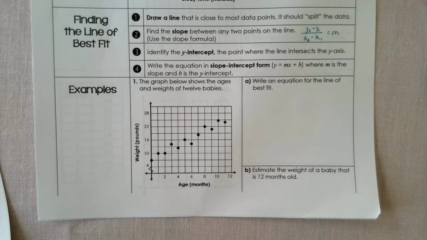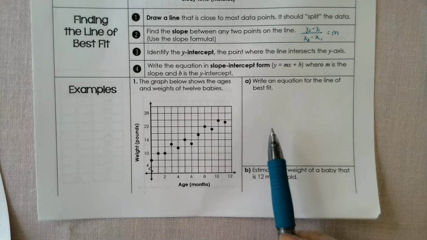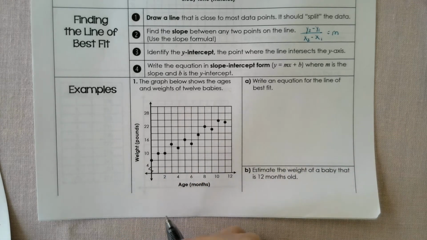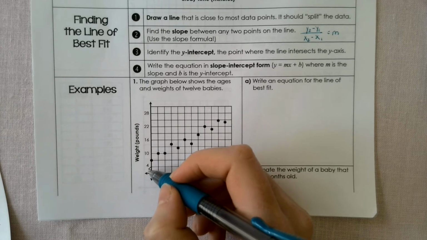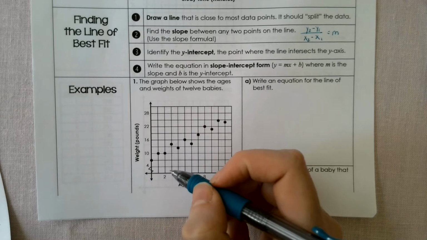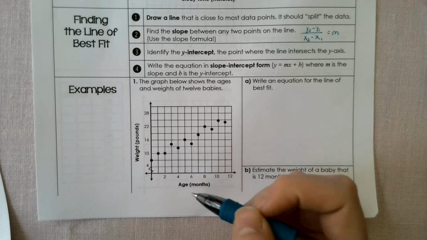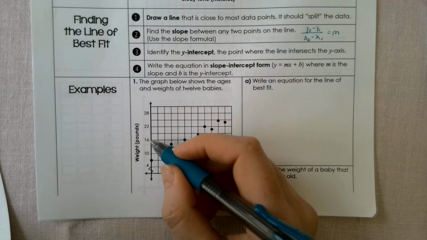Okay? So the very first thing when we're given a problem and we need to write the equation is identify your y-intercept. Okay? So this starts at, let's see, 4, and then, hold on. It says that that's 7, but I don't see how. Okay, I see.